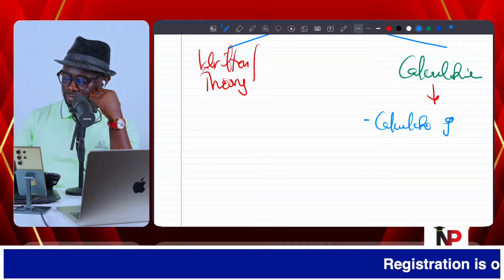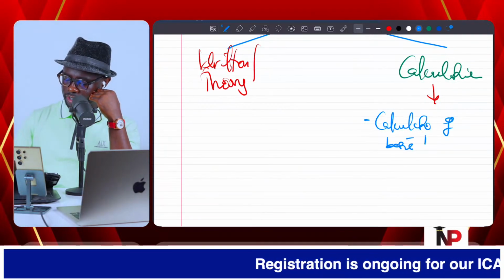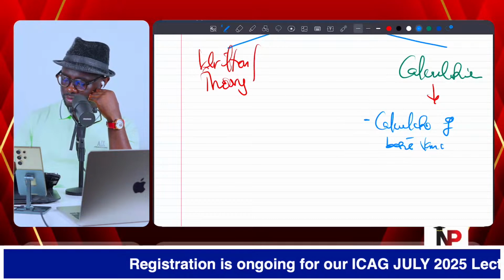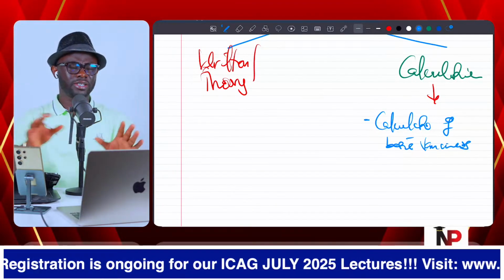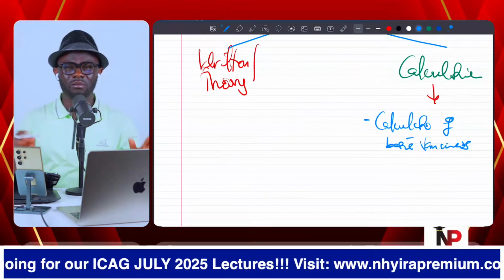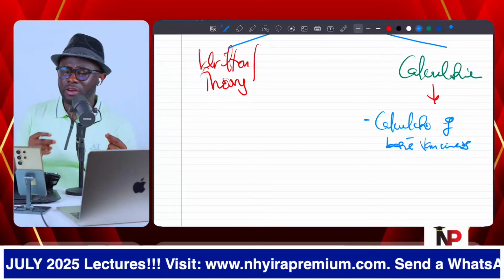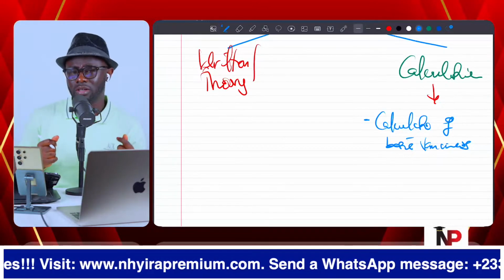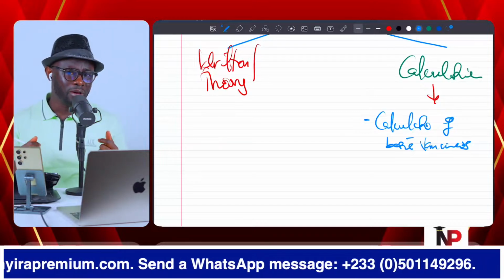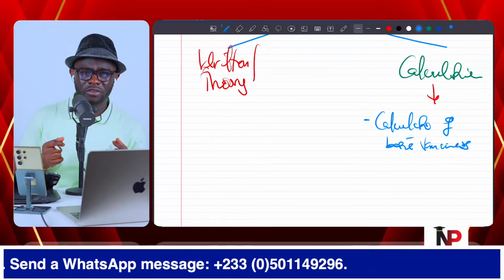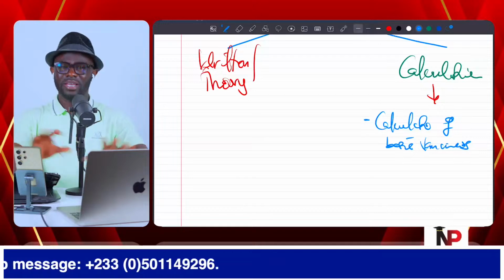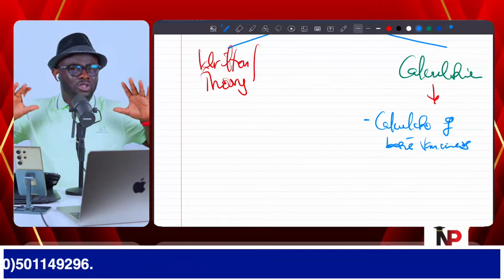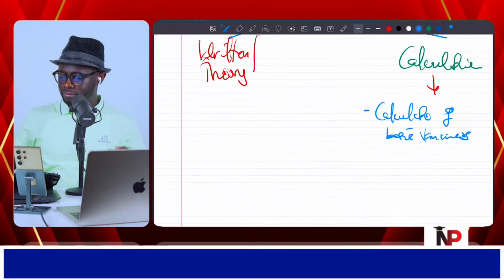This is where the examiner is just cool on you, saying, calculate the material price variance, material usage variance, labor rate variance, labor efficiency variance, overhead variance, sales variance. Basic. No cost for alarm, nothing.